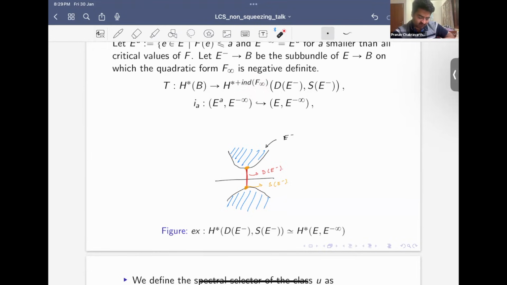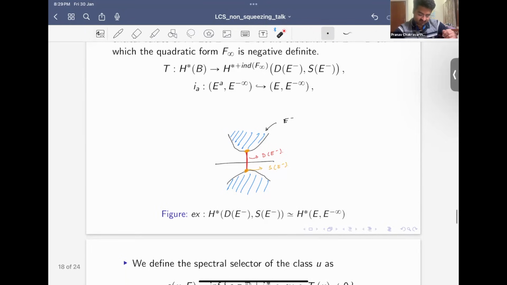We also have the inclusion morphism from EA, E minus infinity into the entire vector bundle E, E minus infinity. And finally, we have the excision morphism from the cohomology of the disk bundle, sphere bundle to the cohomology of E, E minus infinity.